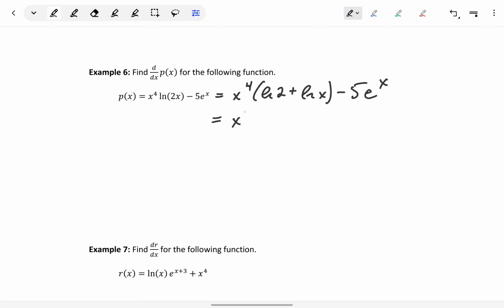Distributing x to the 4th through, we get x to the 4th times the natural log of 2 plus x to the 4th times the natural log of x minus 5 e to the x. Looking at the first term, the natural log of 2 is just a constant value, sort of just a coefficient there, so that's just a simple derivative step.